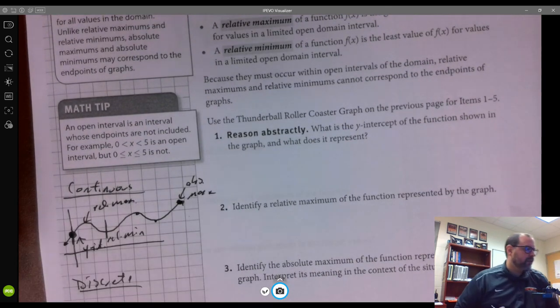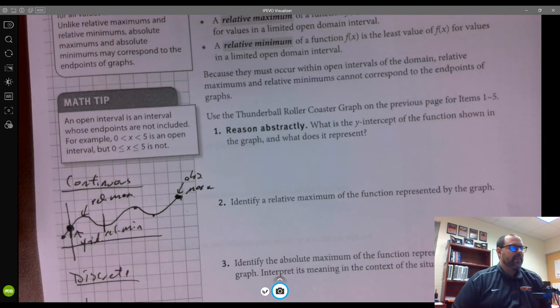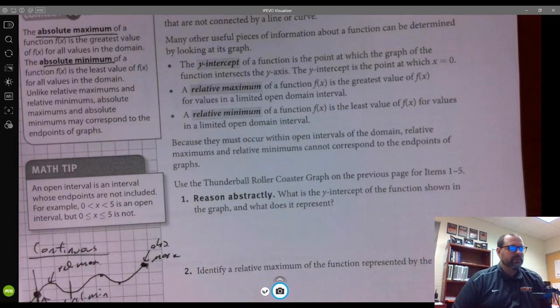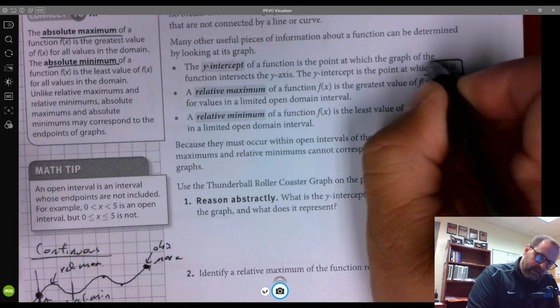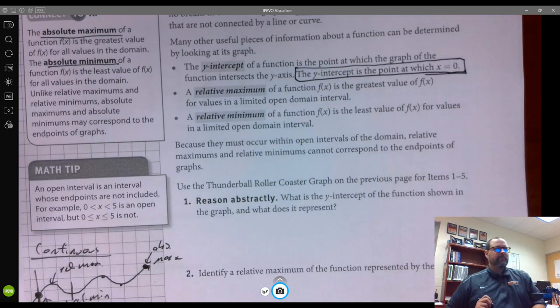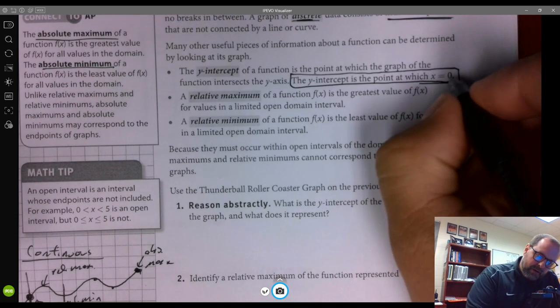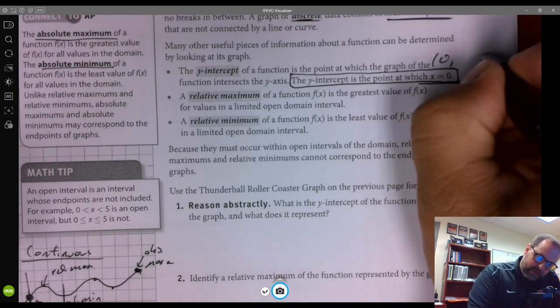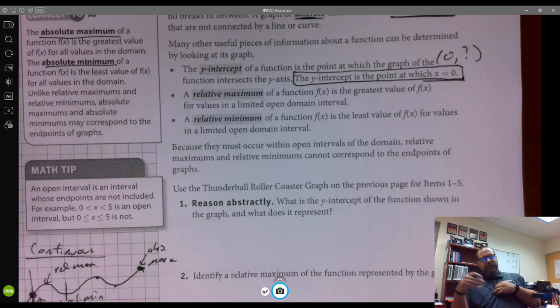That's where that graph crosses the y-axis. Okay, that is often an important one because right here, the x is 0. So if I were to write it as a coordinate, it would be always 0, comma, something. I'll put a question mark there, wherever it intersects.